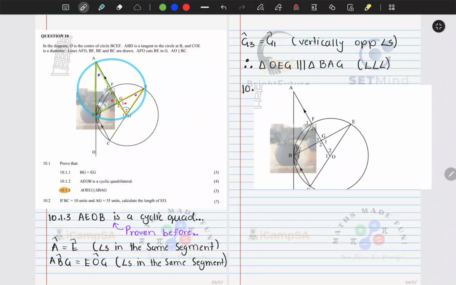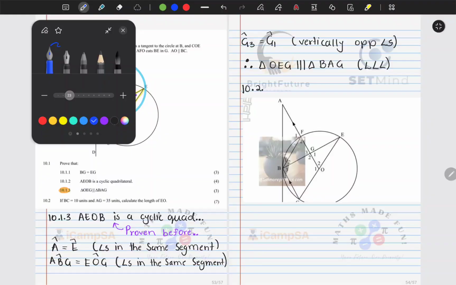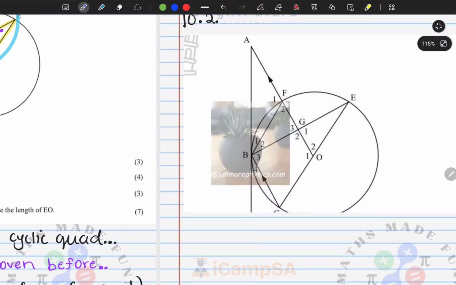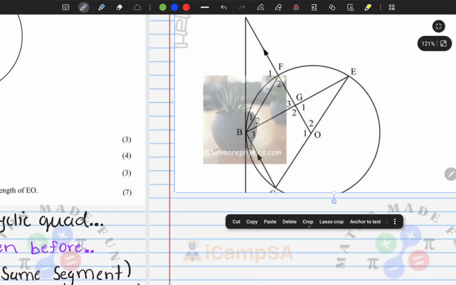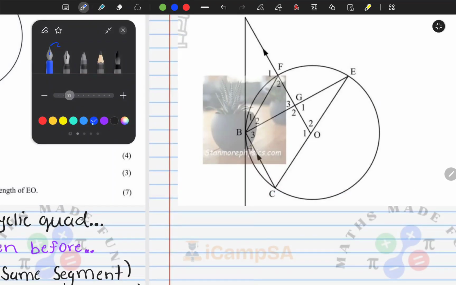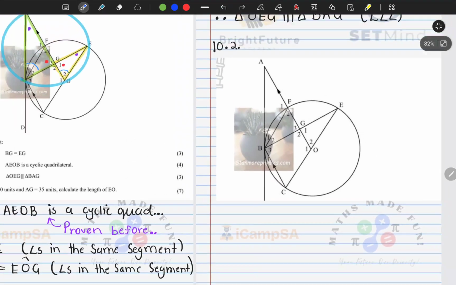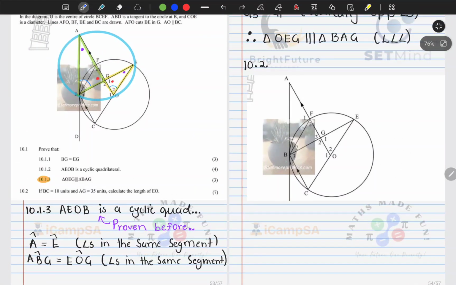Let's quickly see what is happening here. We are told that BC, so where is BC? Let's extend that. BC, which is just this side here, is equal to 10 units. So our BC equals 10.